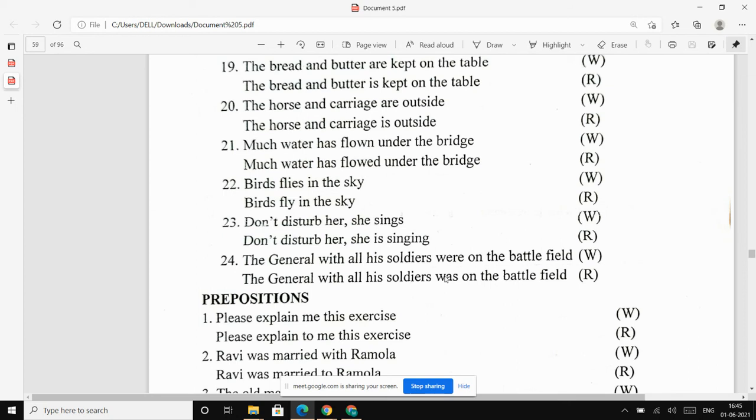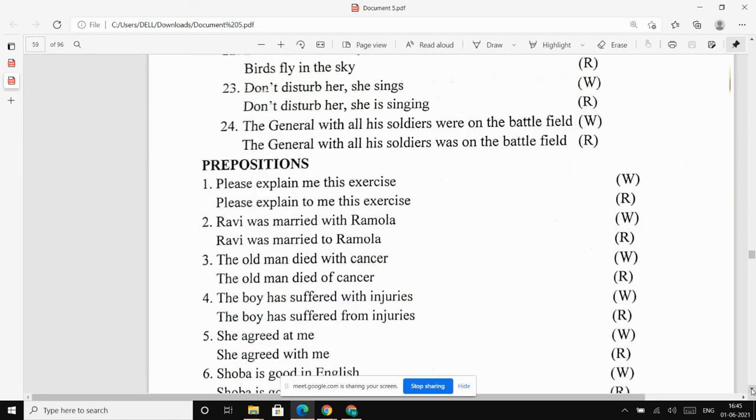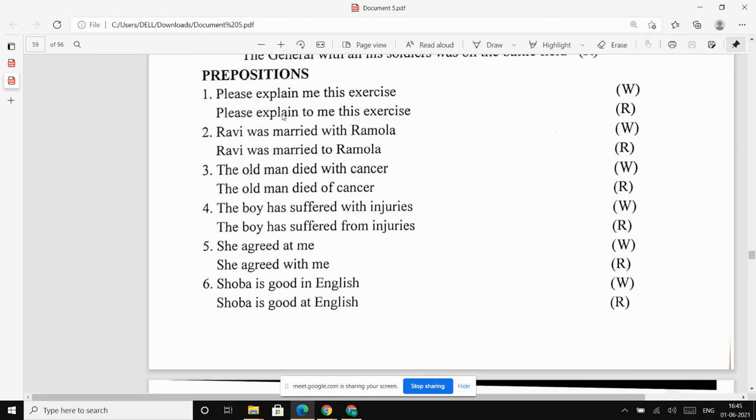Okay. Now let us look at some of the corrections with the prepositions. Please explain me this exercise. Please explain to me this exercise. Then Ravi was married with Ramola. Ravi was married to Ramola.